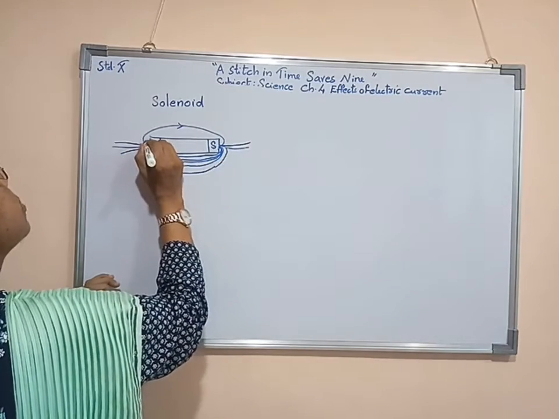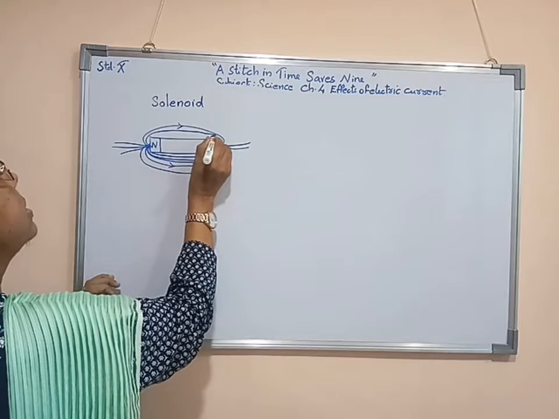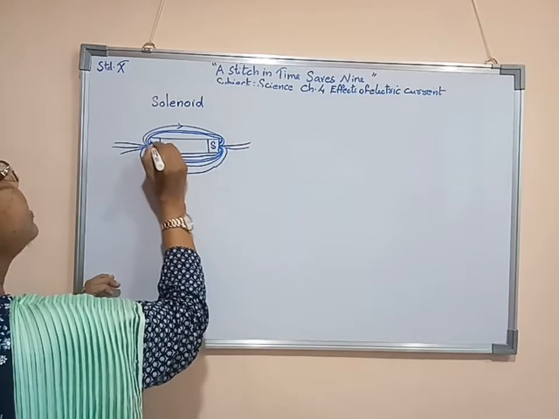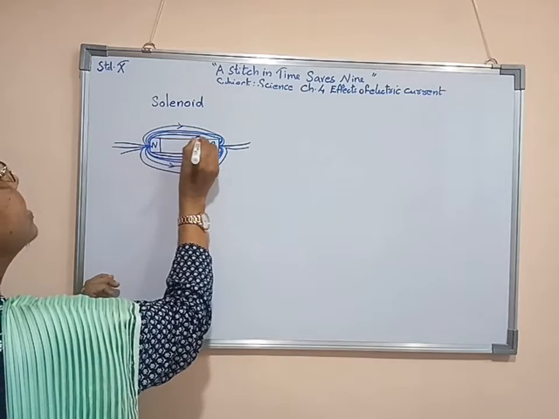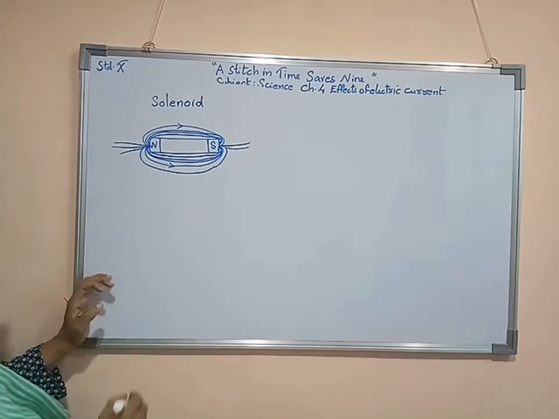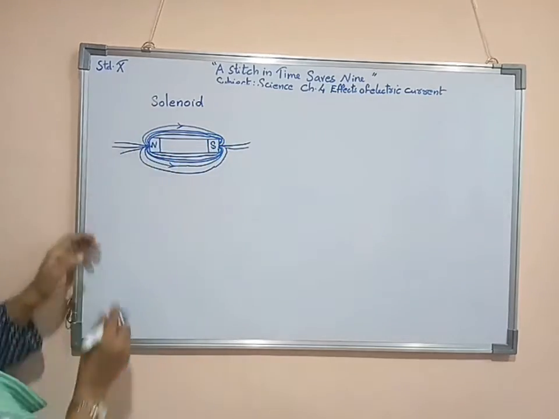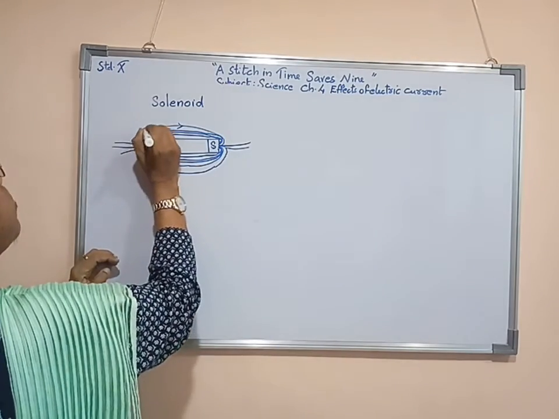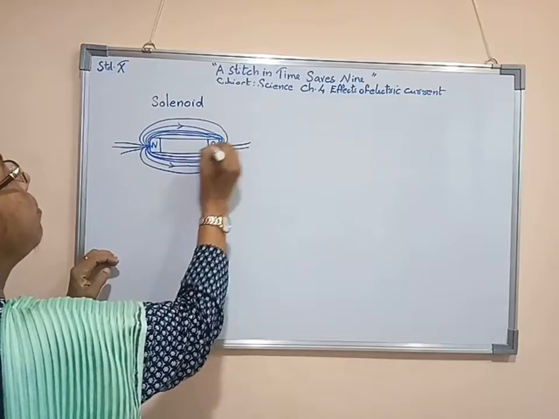So similarly here also, from the north pole to the south pole, magnetic lines formation is taking place in the bar magnet. Where the area is far away, magnetic lines formation is not happening.